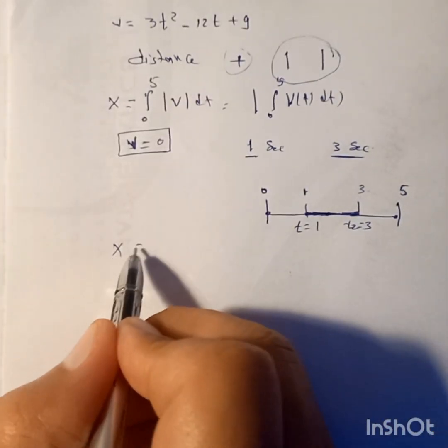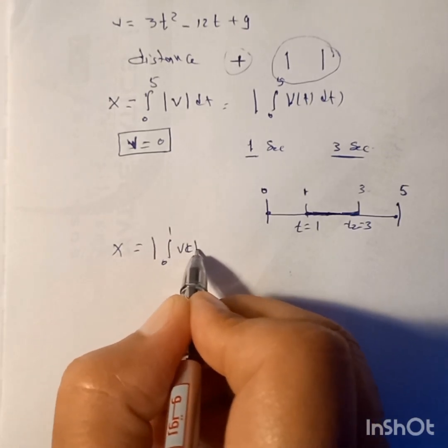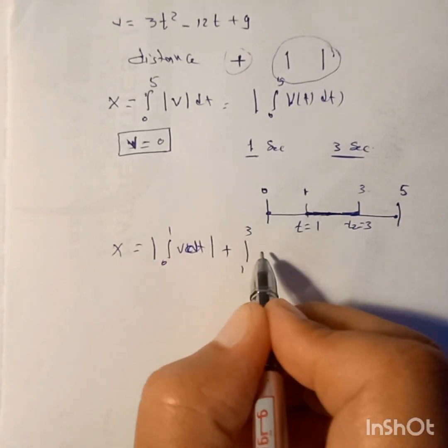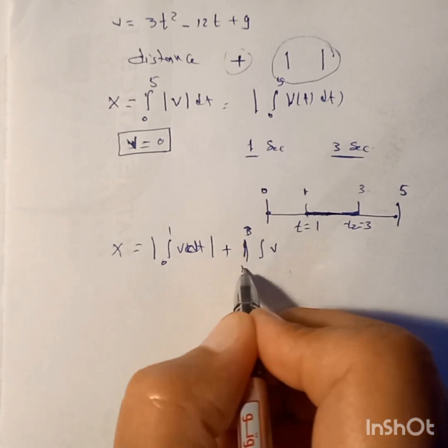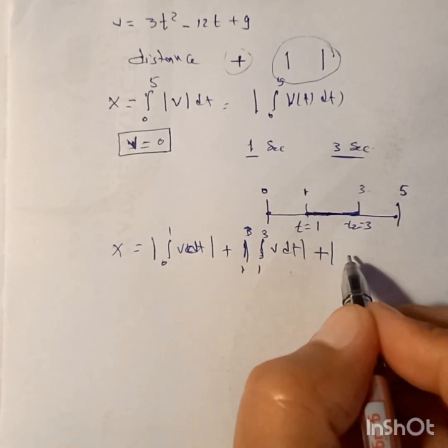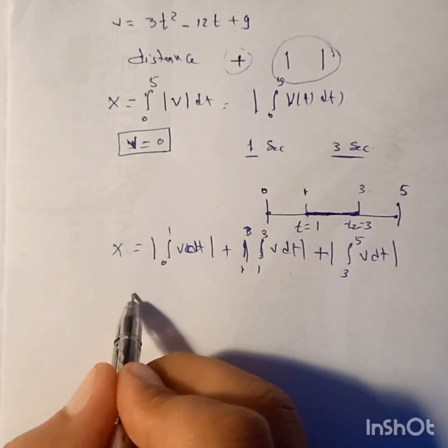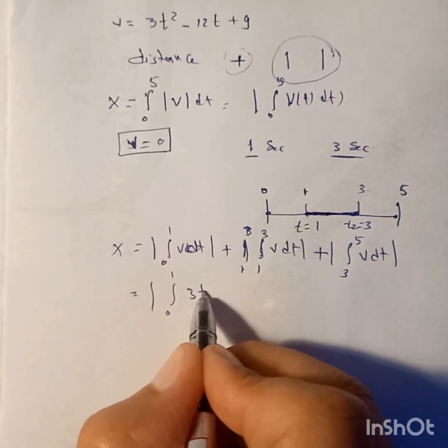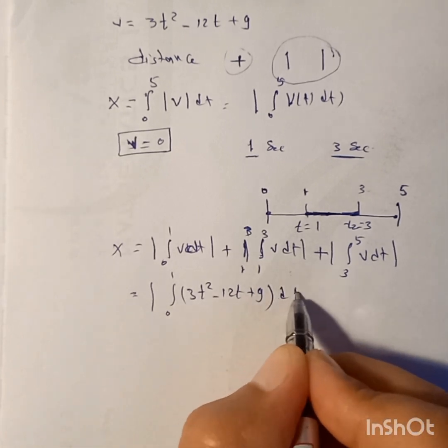Then x equals the modulus of the integral from 0 to 1 of v dt, plus the modulus of the integral from 1 to 3 of v dt, plus the integral from 3 to 5 of v dt as well. Then we have here the integral from 0 to 1 of 3t squared minus 12t plus 9 dt.